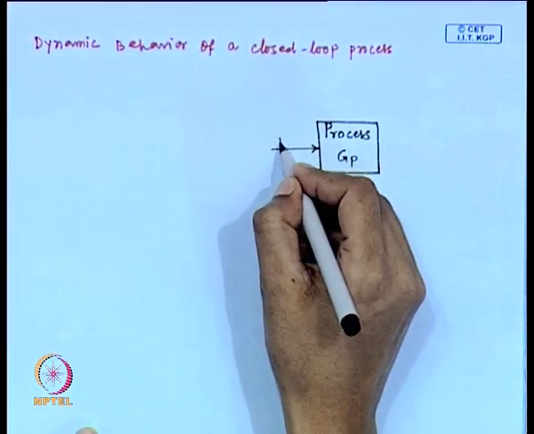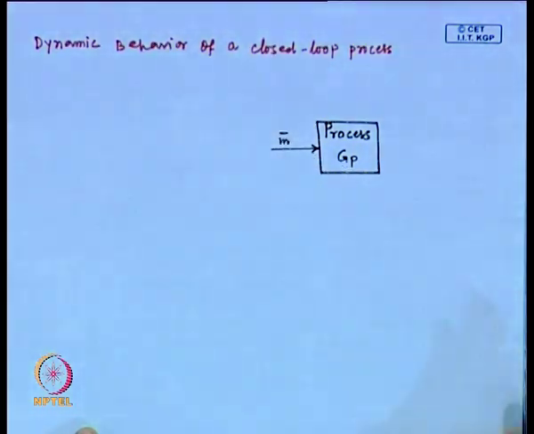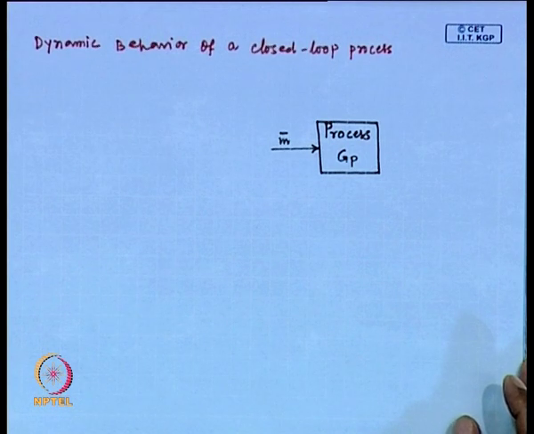M is the input to the process, which is basically the output of the final control element.